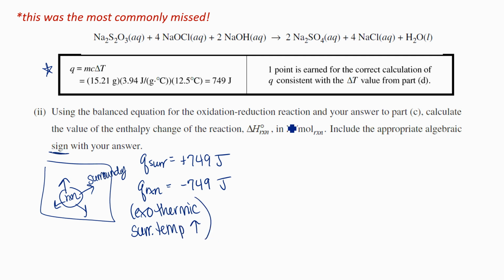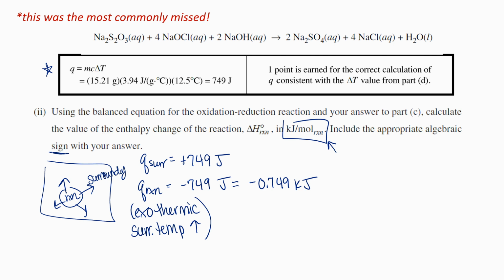And we want to report it in kilojoules per mole reaction. So I'm going to convert my joules to kilojoules. So that's 0.749 kilojoules. And then I want to find moles reaction. So right now I need to go back and take a look at my data from earlier, and consider who my limiting reactant is.